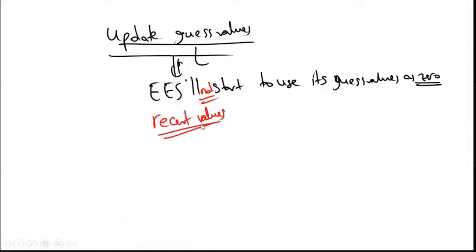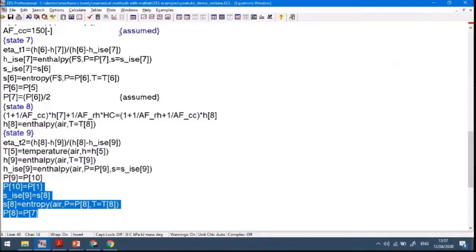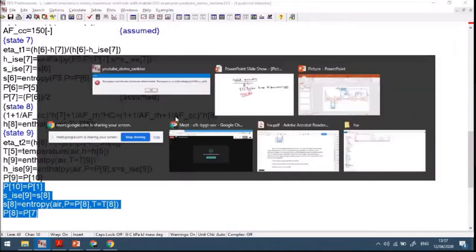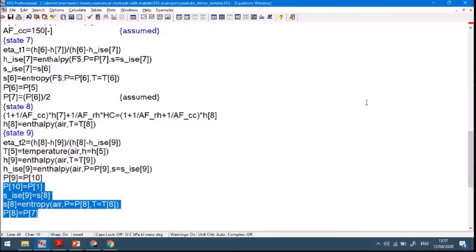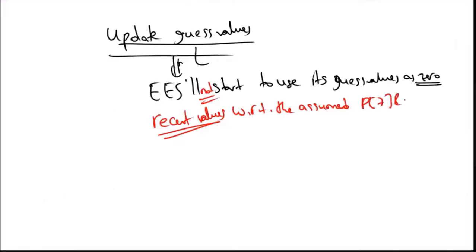Recent values means the values that I have assigned, for example this one, and the calculations related to these two values. It will use the recent values with respect to the assumed P7 and AFCC values.